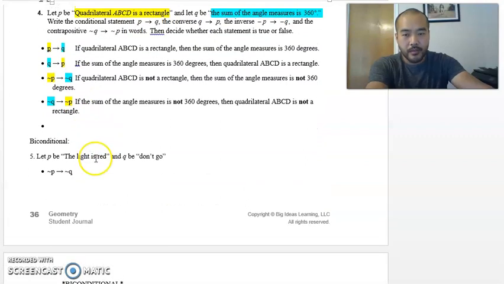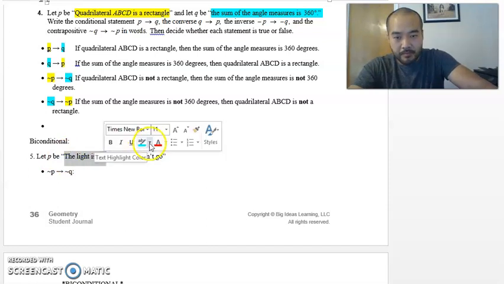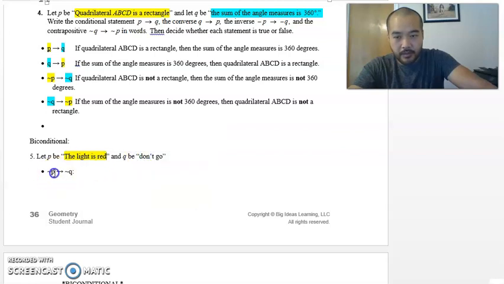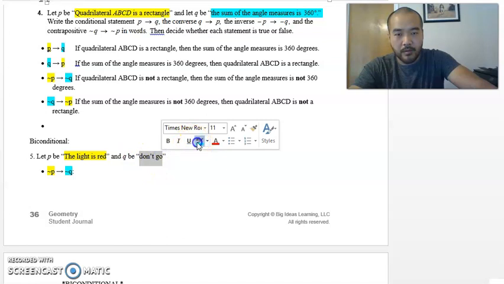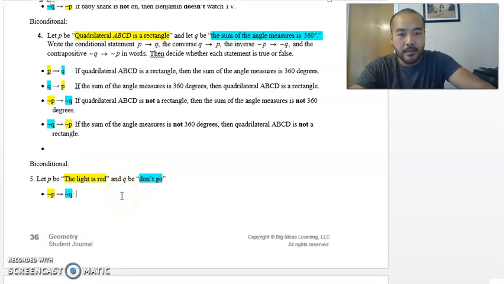Just one note about this, when you negate a statement, let's look at this one. The hypothesis is the light is red. So that's your P. And then your other one is going to be your conclusion. Your conclusion is don't go. So this is the contrapositive.